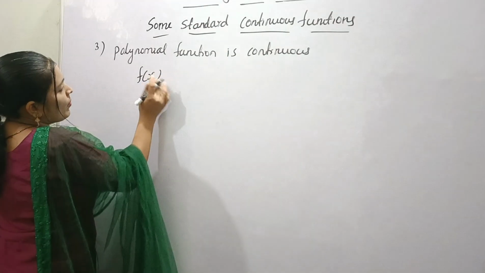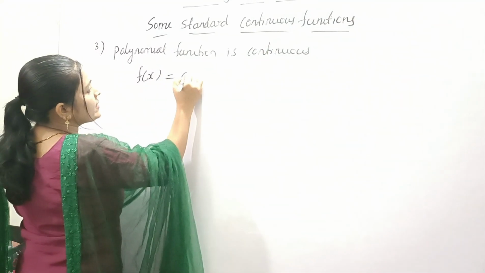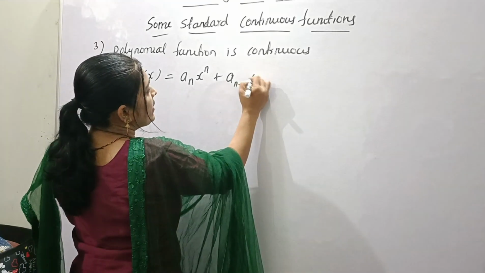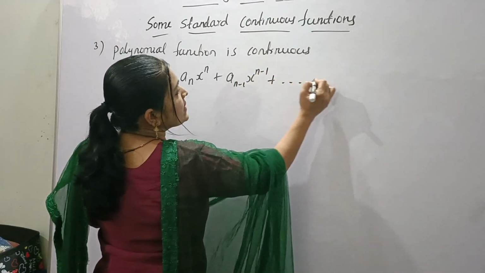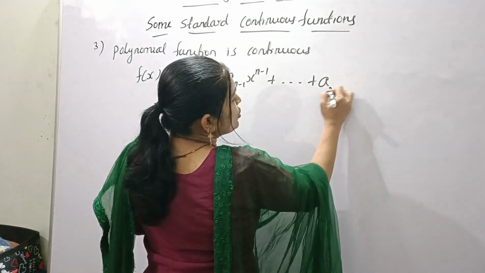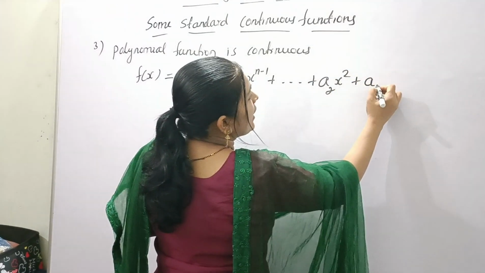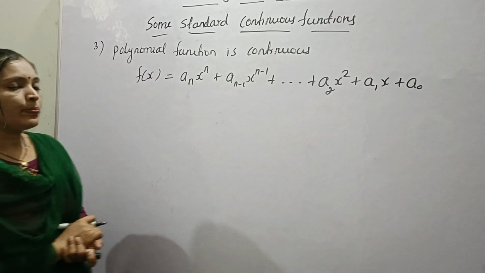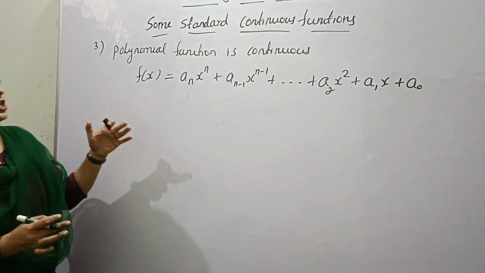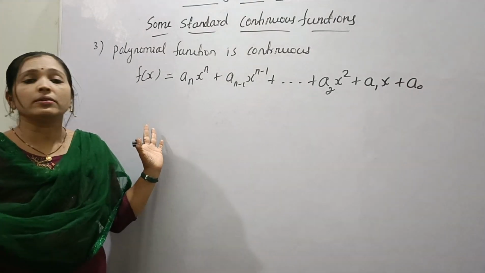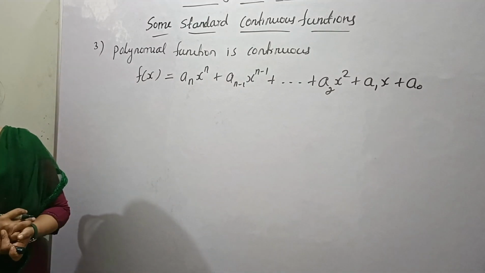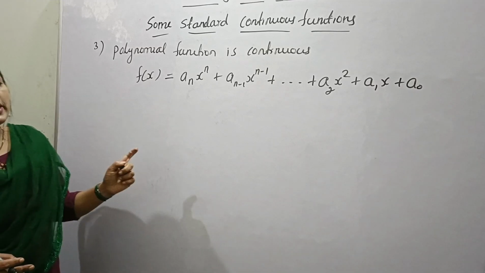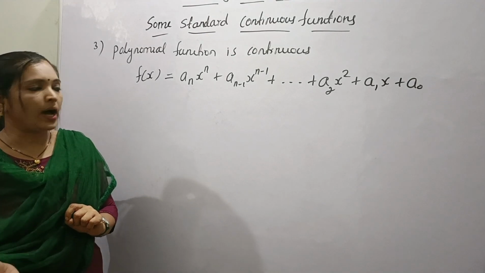What is the general form of the polynomial function? f of x is equal to a_n x raised to n plus a_(n-1) x raised to n minus 1 plus etc. plus a2 x square plus a1 x plus a0. Here a1, a2, etc. all belong to the set of real numbers, and the domain is also the set of real numbers R.